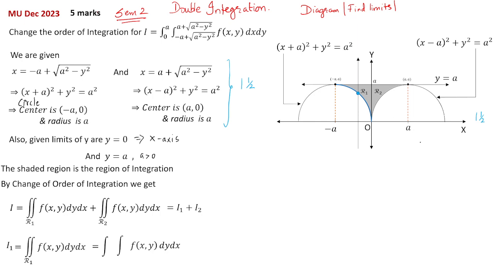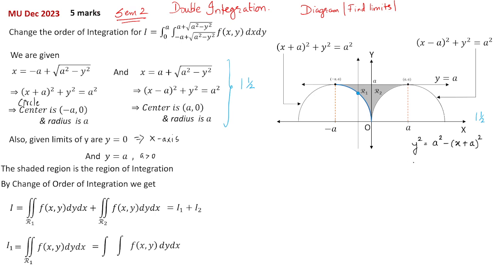So it gives y square equals a square minus x plus a the whole square. This is how I write it.